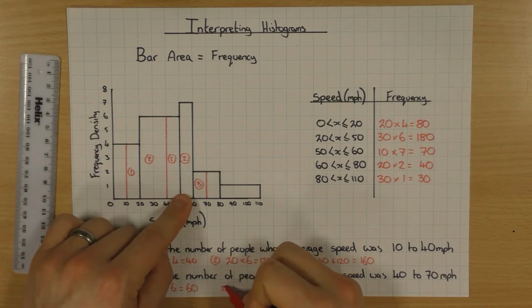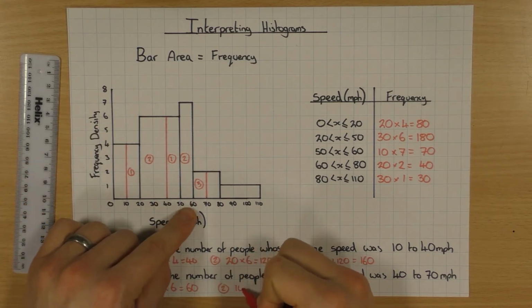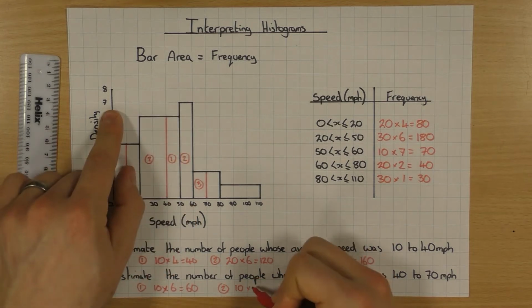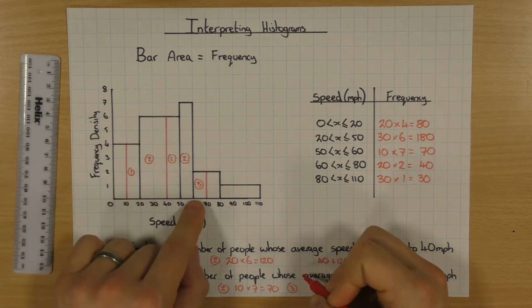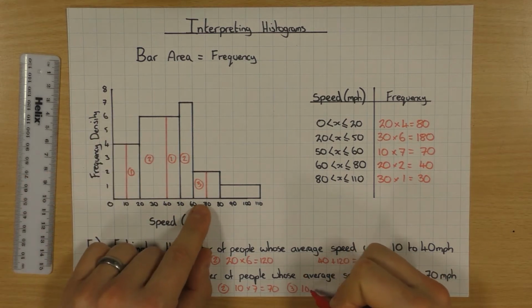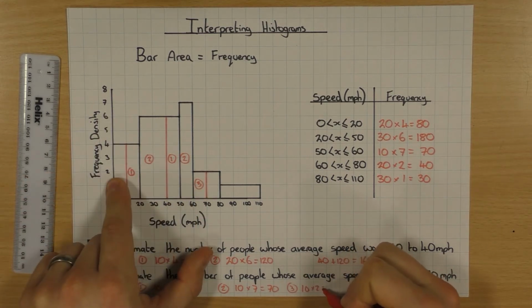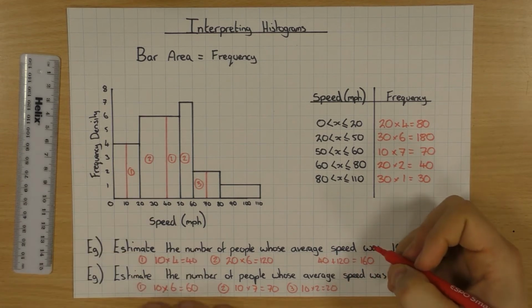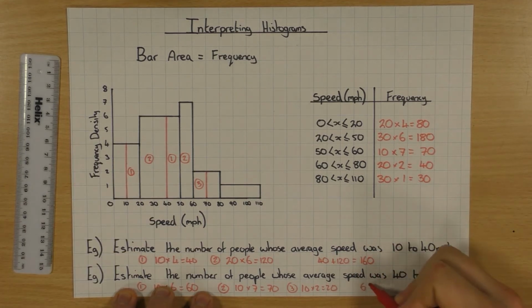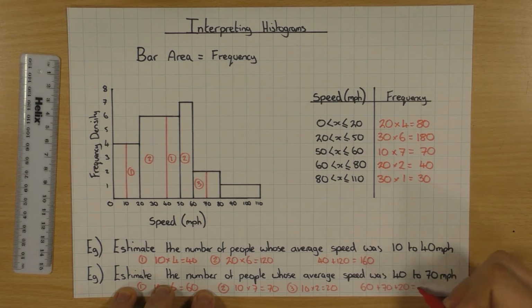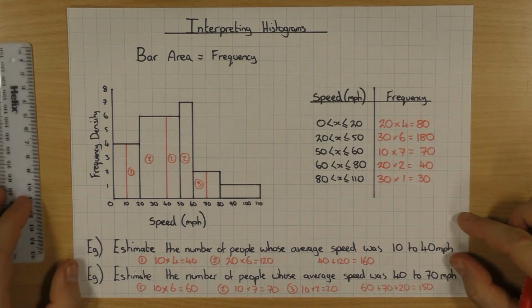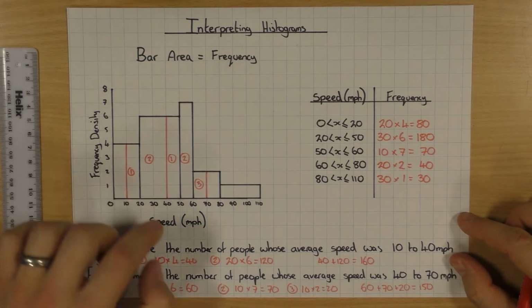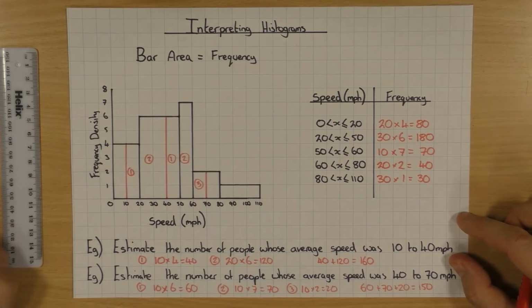Number 2, class width is 10 times by the height, which is 7, so 70. And number 3, class width there is 10 times 2 is 20. And add it all together, 60 plus 70 plus 20 is 150, which would be your estimate. Okay, so the key thing here is the area is the frequency.